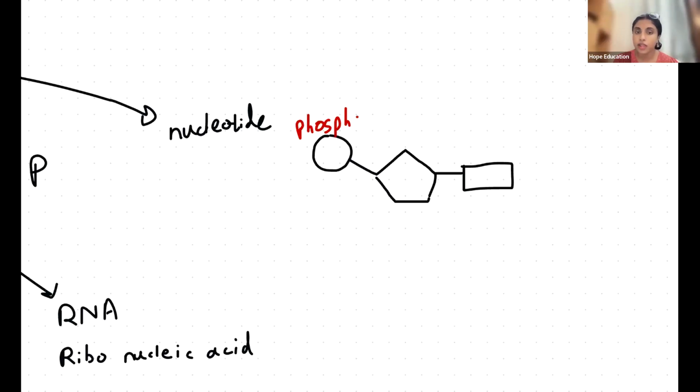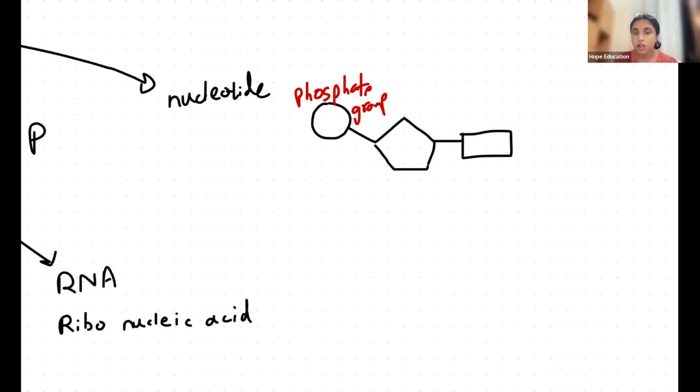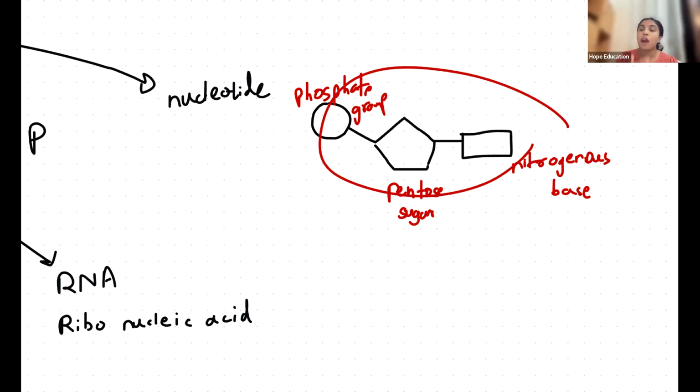This is just one nucleotide: phosphate group, pentose sugar, and nitrogenous base. So this whole unit is one nucleotide. Like that, hundreds, thousands and millions of nucleotides arrange to form a nucleic acid.